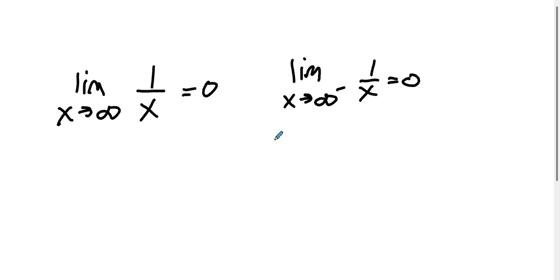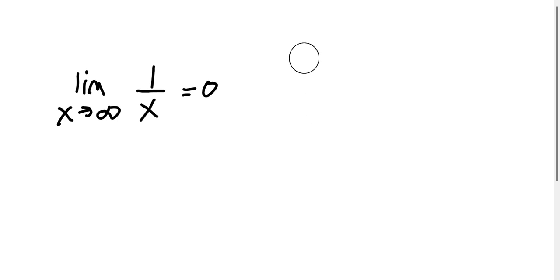So it only has the left side limit because the right side limit is not defined. That means the left side limit is going to equal the actual limit. So the limit as x approaches infinity of 1 over x is equal to 0. Now, let's solve another one like this. Let's say the limit as x approaches negative infinity of the square root of negative x.